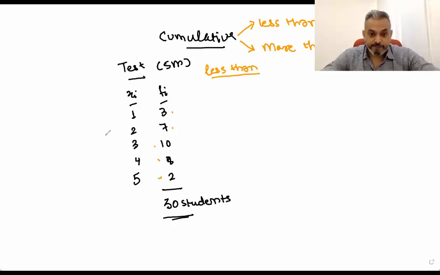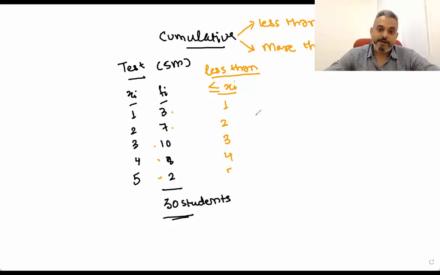ध्यान दो please. So for less than type, arrow is like this. So less than equal to xi, यानी x1, x2, x3, x4 and x5. Different values of x. So less than equal to 1, 2, 3, 4 and 5.